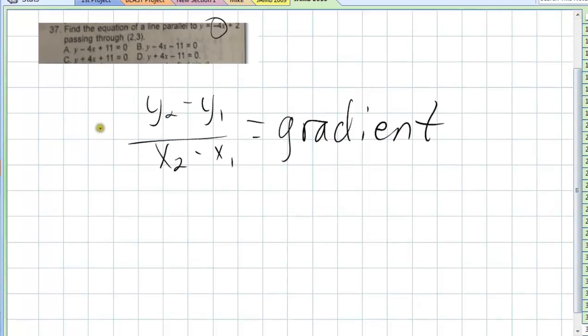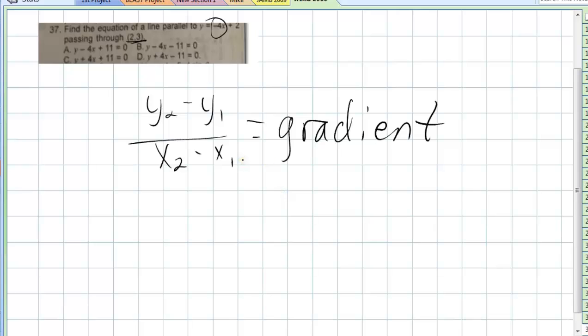So using what we just said, we know that (2, 3) has to be included in this line, and we also know what the gradient is, and so we can work our way backwards to get back to what our line would be.